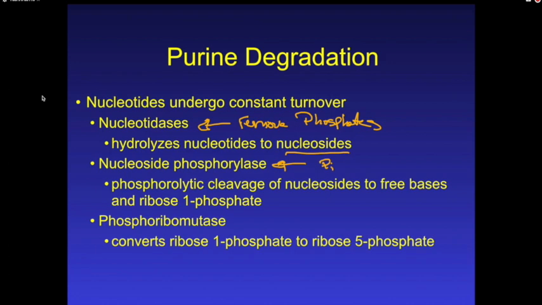Here we're going to do very similarly. The phosphate is going to cleave the base away from the ribose, and what we will have is the ribose that is phosphorylated as the leaving group.